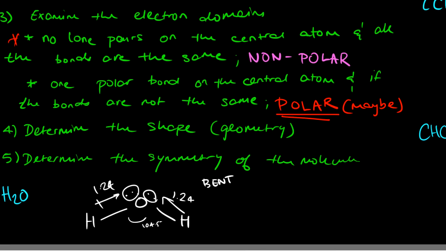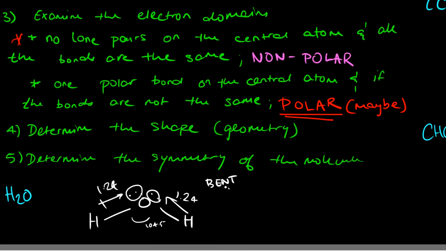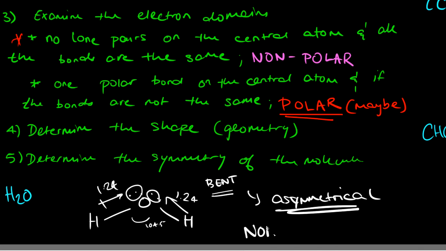Thus, because it's bent, this is what I forgot to talk about. Because it's bent, it's asymmetrical. There's an asymmetrical distribution of the polar bonds. Symmetrical, yeah. And therefore, it is nonpolar. I mean, what am I talking about? It's polar.